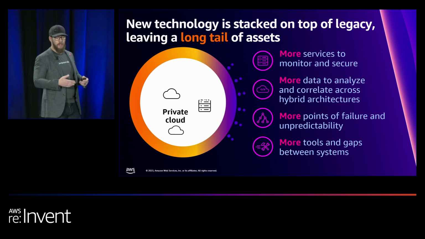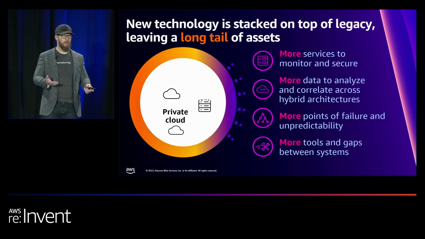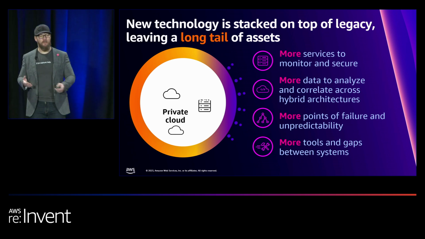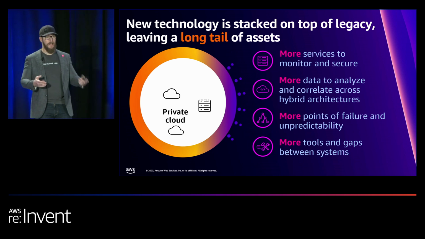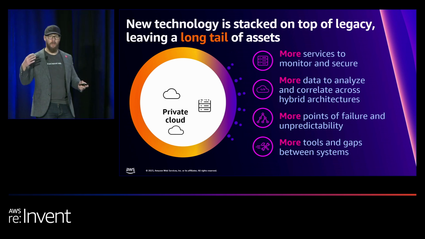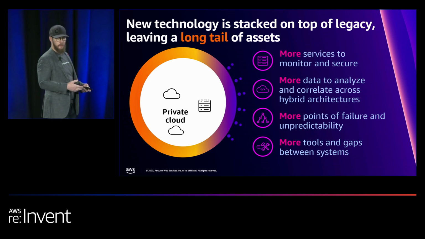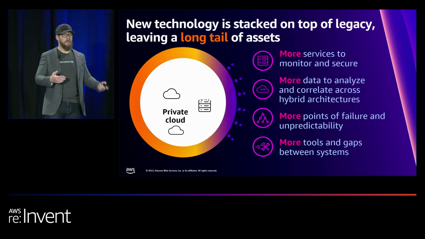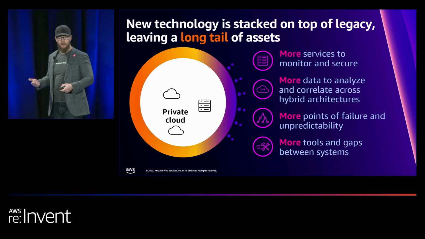And what we're seeing a lot of in terms of complications with those hybrid environments is the amount of long tail assets and the complexity that comes with that long tail, as well as your new technology stack, where you're having to support a lot more services, a lot more infrastructure, a lot more data sources and data emitters, and more points of failure in your environment.